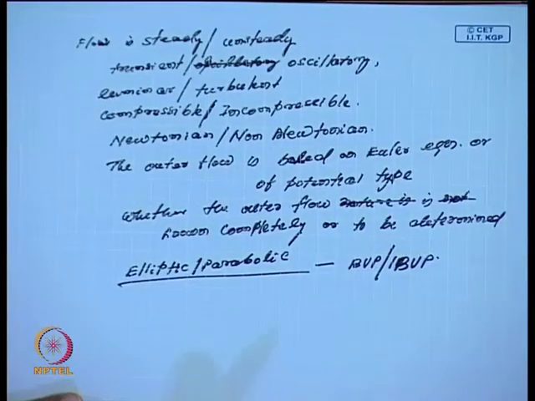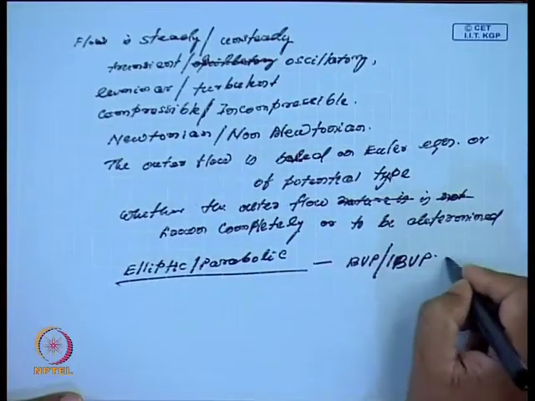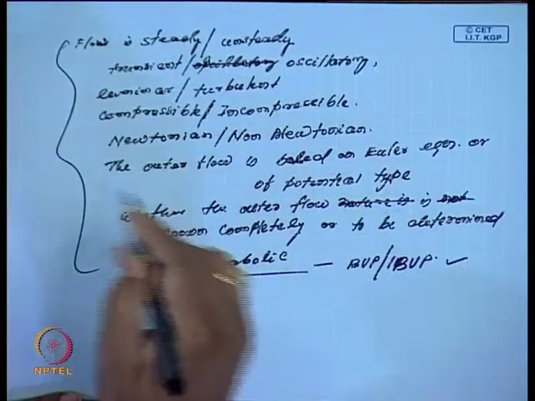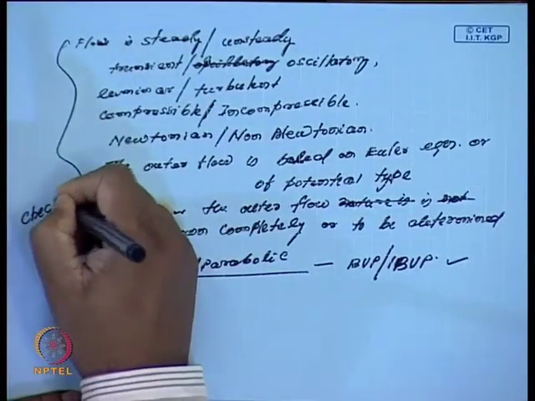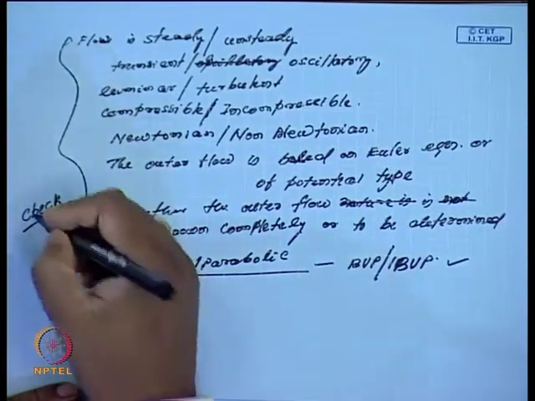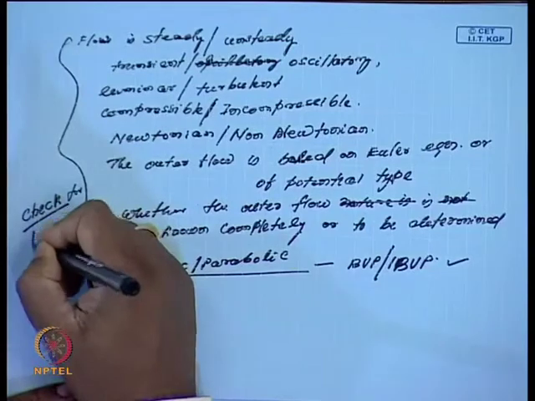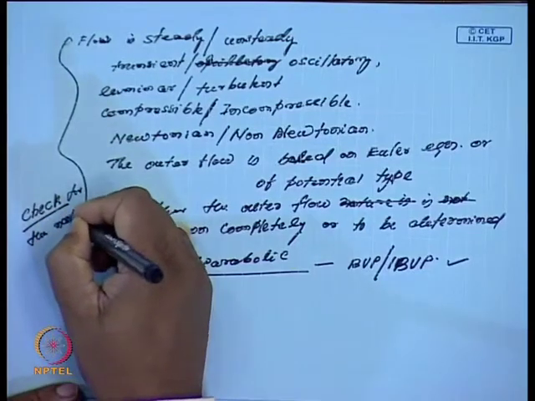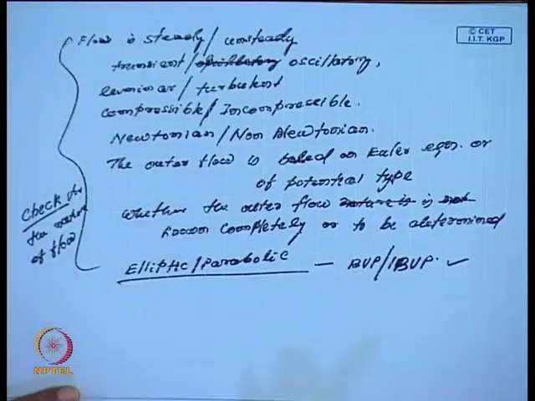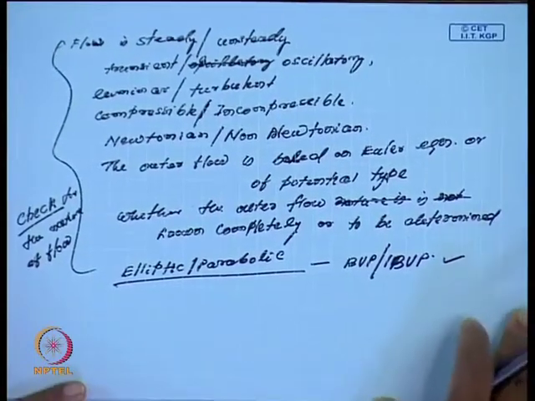So this is the class of problems we will come across, and one has to check the nature of the flow before attempting any problem for solution. This check is a must, because it will simplify the procedure and also the time one spends understanding the flow pattern.